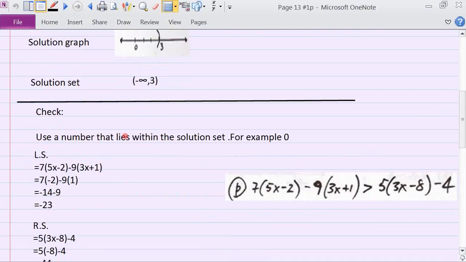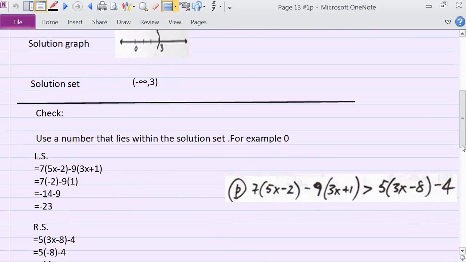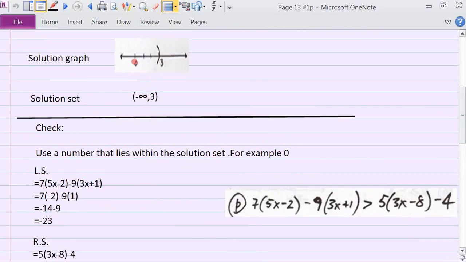So let's use a number that lies within the solution set. If you look at the solution set, we could choose the number 0. Because the solution set is from here on down, we can check that we have the right answer by testing with the number 0. So we're going to put this back into the left side of the equation, right here.